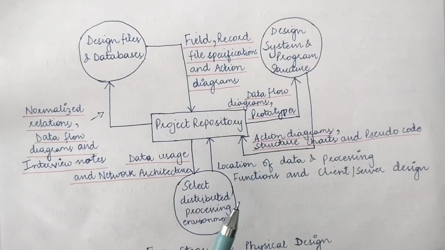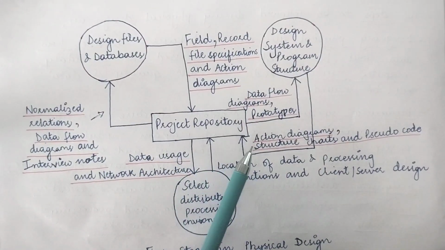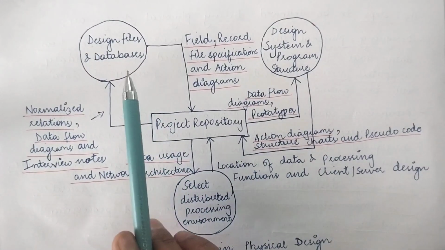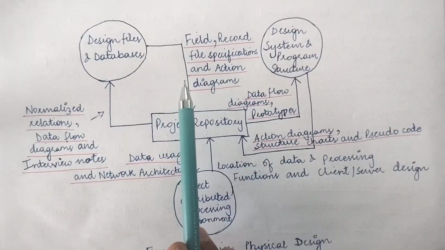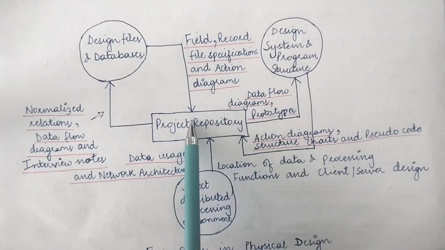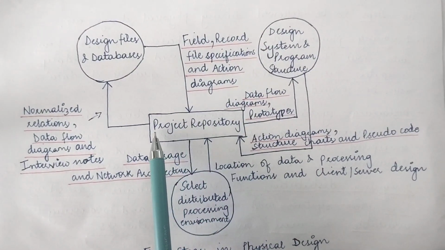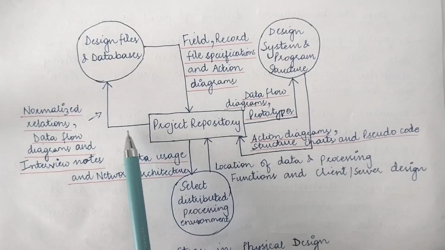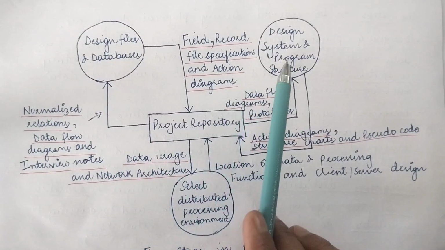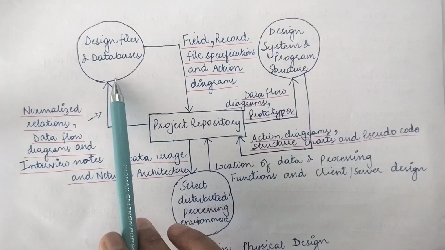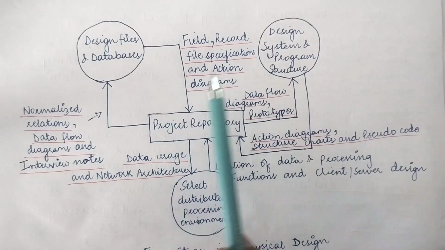And there is a project repository. There is a repository which contains every detail of the project. So whatever files and databases are designed, all that information is stored in the project repository. Then from the project repository, there is certain other information stored by other elements which is provided while designing files and databases.